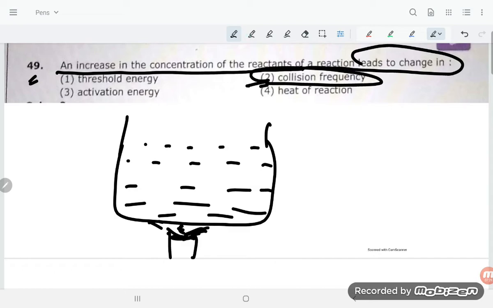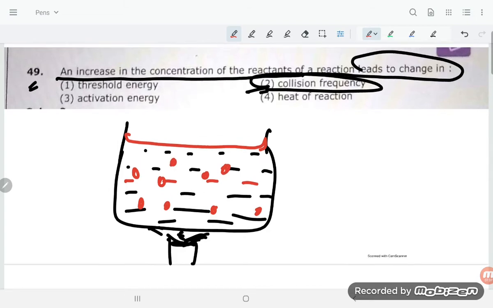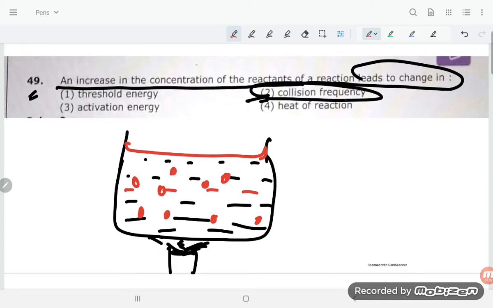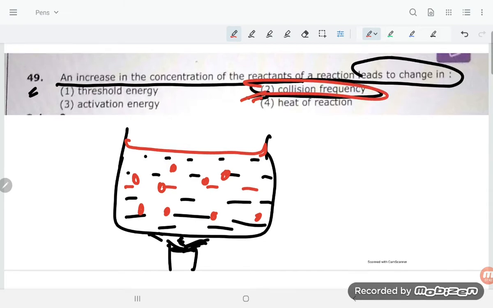So what will happen, dear students? You will find that the collision will increase, student. In all the places you will find that collision is going to increase. So an increase in the concentration of reactant leads to change in the collision frequency. Correct option is option number 2.